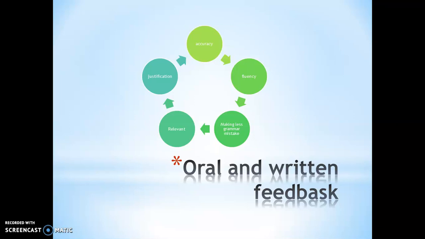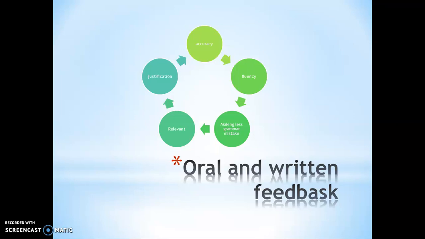For example, a grammatical mistake, and you will show the mistakes there. And you have some misuse of words, and also some problems with your sentence structure. And mostly in oral feedback, when they are speaking, we commonly emphasize their grammar mistakes.